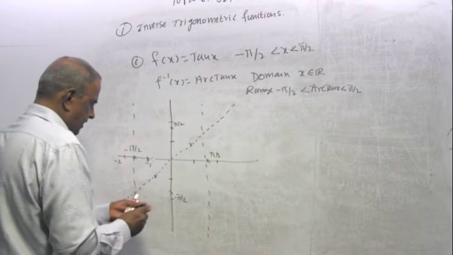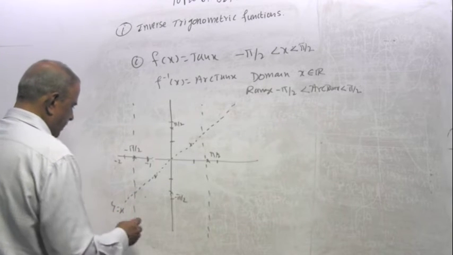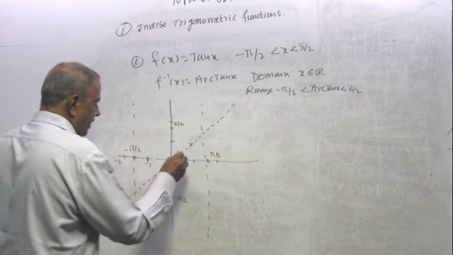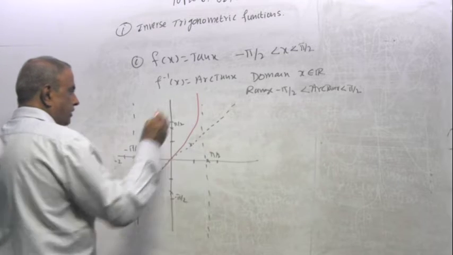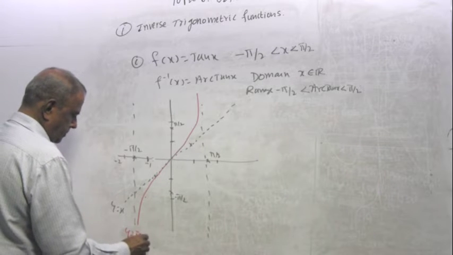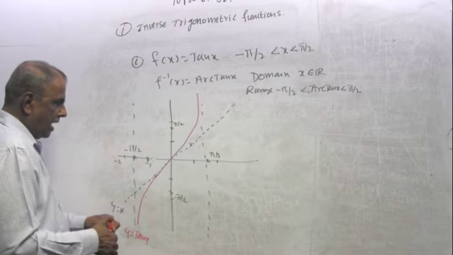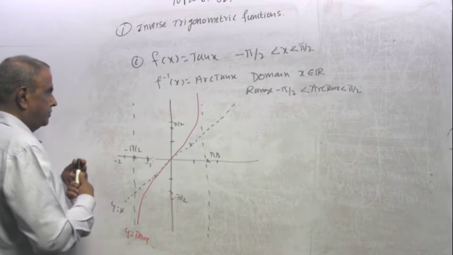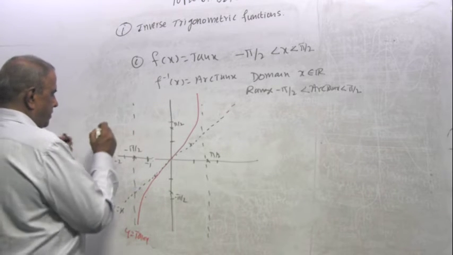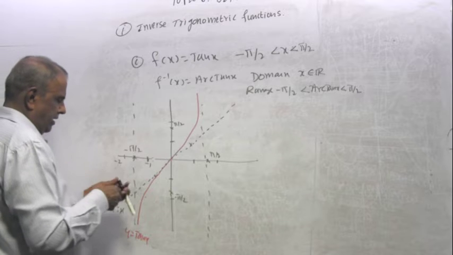So your tan x graph, tan of minus pi over 2 is negative infinity, so it joins there and it goes to positive infinity. The arc tan x graph, let me put the asymptotes in blue.